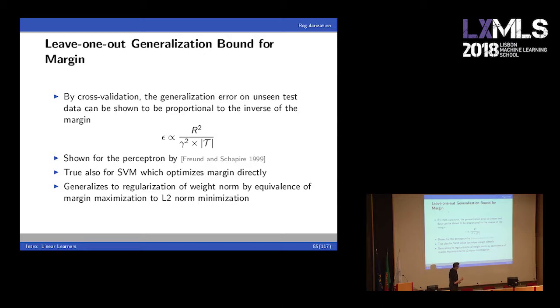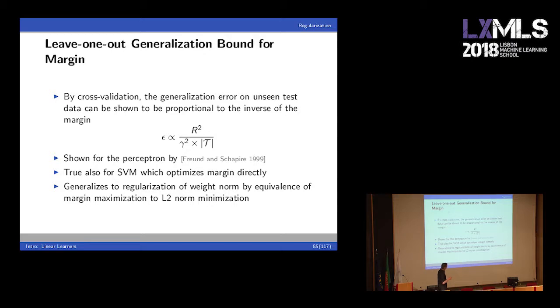As we showed before, it's based on this convergence bound for the perceptron algorithm that we have seen before, now just generalized by cross-validation to unseen data. The gamma squared term here, we initially interpreted as a margin, right? Margin maximization makes sure that the error on unseen test data is small.